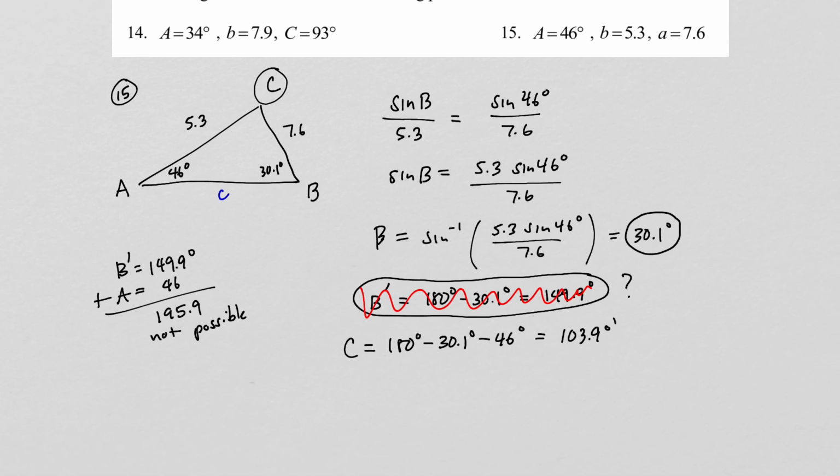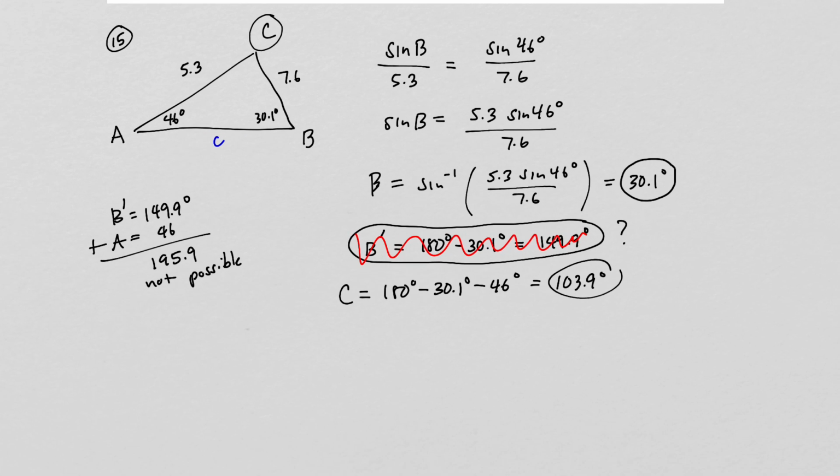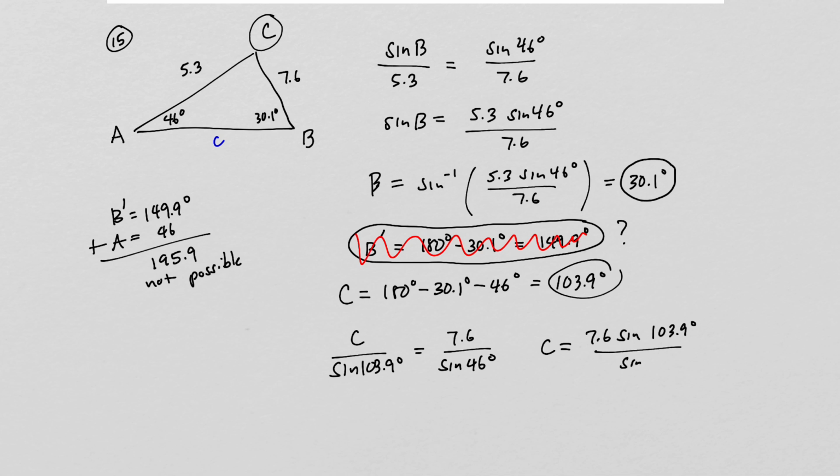And once we know angle C, we can use that to find side C. Side C divided by the sine of angle C is equal to side A divided by the sine of angle A. And so that tells us that side C is 7.6 sine of 103.9 divided by sine of 46.